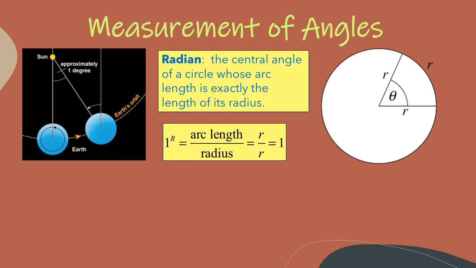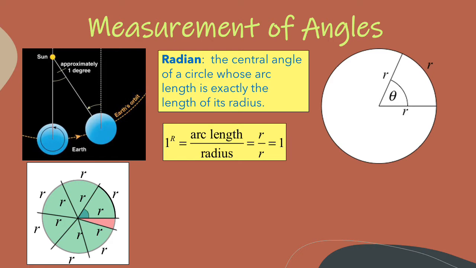While sometimes a capital R, or possibly the term RAD, is used, if no units are measured in describing an angle, then it is measured in radians. So the angle theta that you see in the picture would be the arc length r divided by the radius r, and that would be 1 radian, or simply 1.